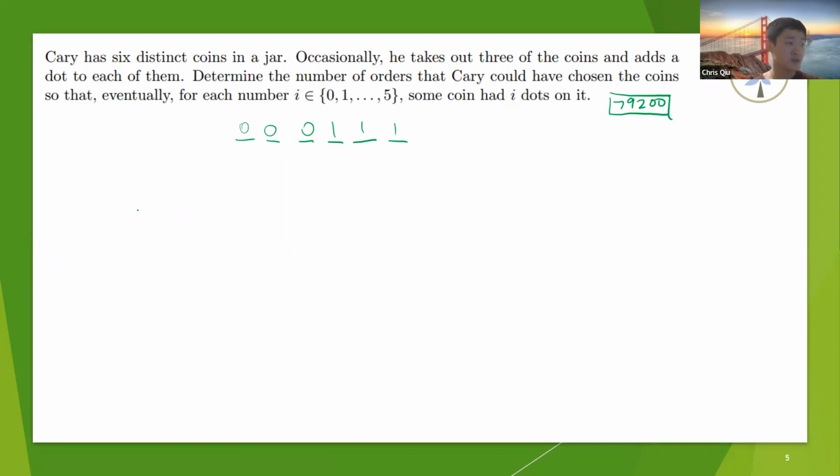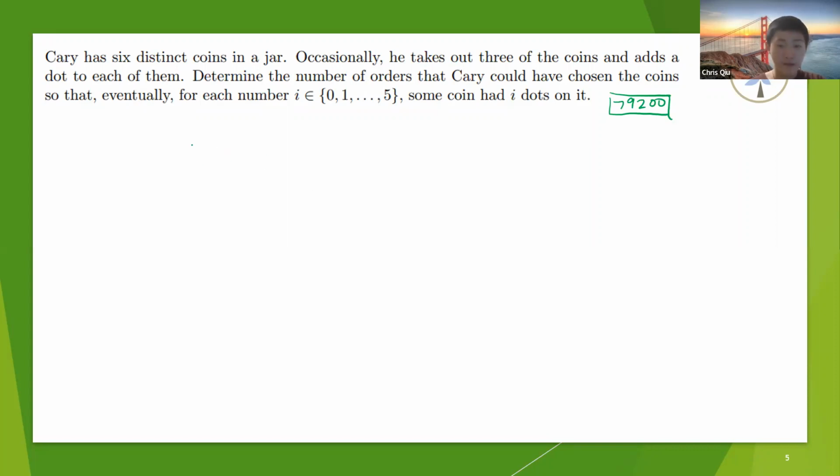And we want to find the number of orders that Carrie could have chosen the coins 3 at a time, so that eventually, for each number I in 0 through 5, some coin out of these 6 is going to have I dots on it. So we're going to end up with one coin that has 0 dots, one coin that has 1 dot, and so on until one coin that has 5 dots.